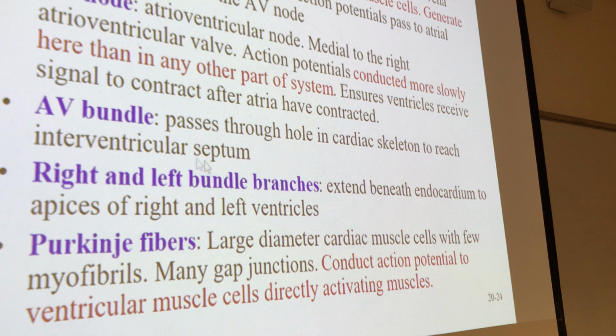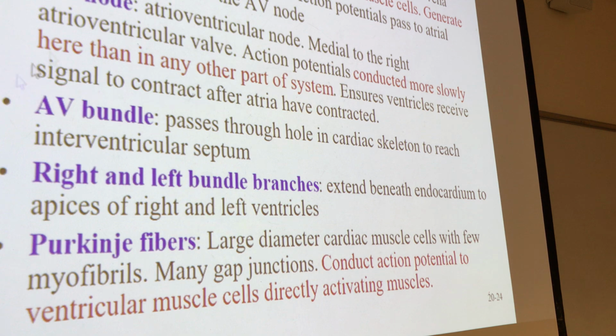All right, so review this for the SA node, what makes it important, right? Specialized cardiac muscles, they generate spontaneous action potentials, triggering the atria to depolarize and then contract first. The AV node then receives a signal, slows it down, so it allows the atrial muscle to contract and then relax.